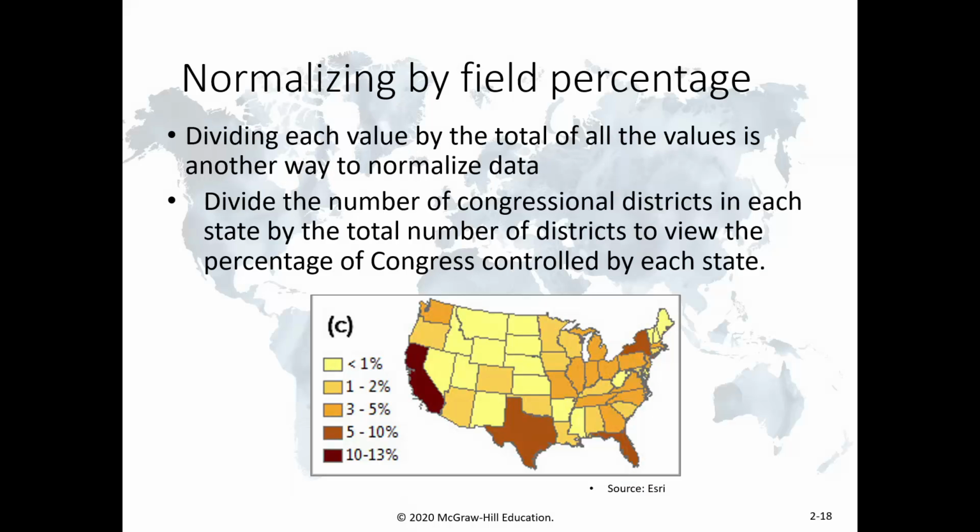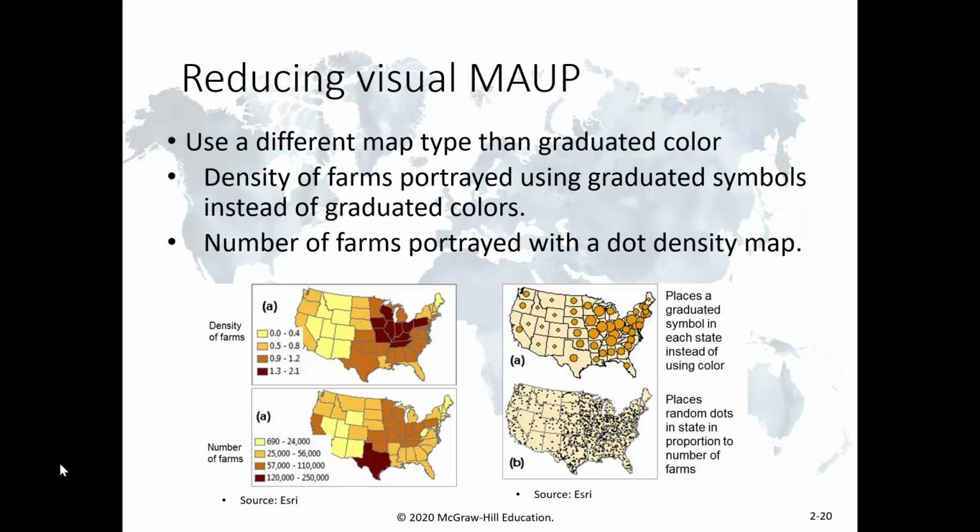In addition to that, you can also normalize data by field percentage, where you divide each value by the total of the values, which is another way to normalize data. There are different ways that we can map this data and reduce the modifiable area unit problem. So using density of farms portrayed using graduated symbols instead of graduated colors, meaning instead of using these graduated colors, we can use different symbols to represent it on a state-by-state basis, right?